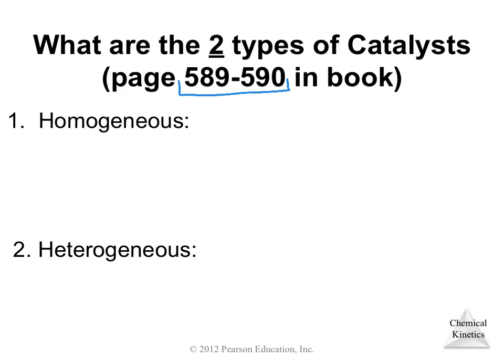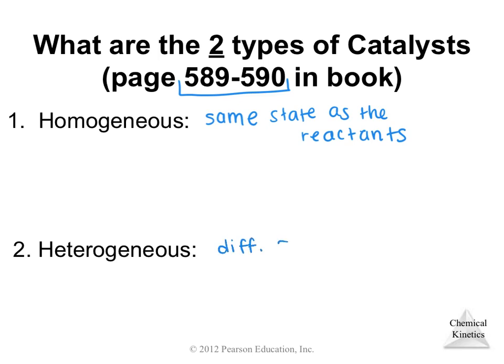The first one is homogeneous. So it's going to be in the same state as the reactants. So if you're working in a solution, this would be adding more to that solution, so it would also be in the aqueous phase. A heterogeneous catalyst is going to be a different state than the reactants.